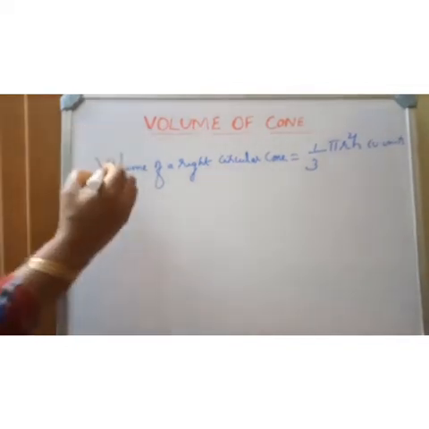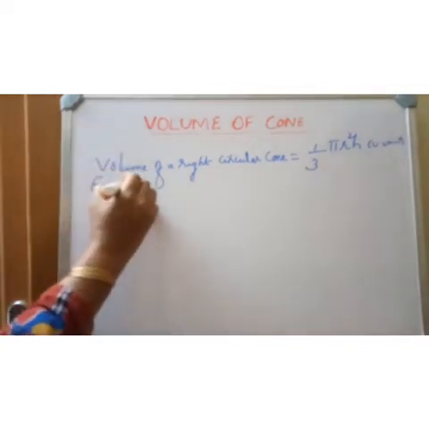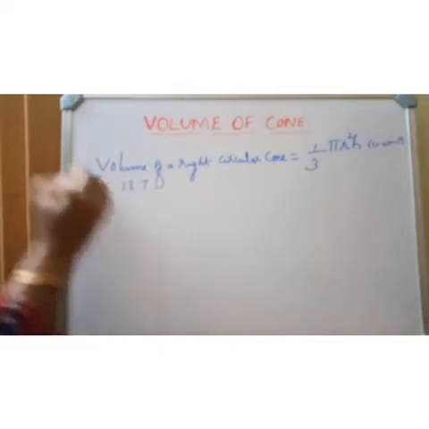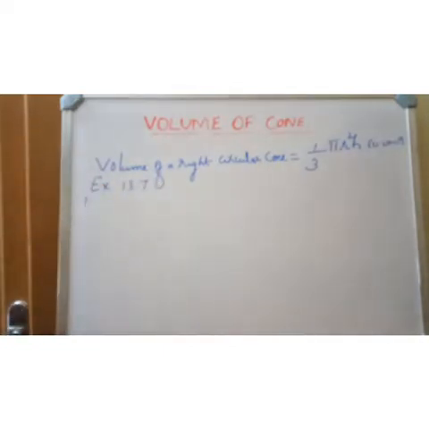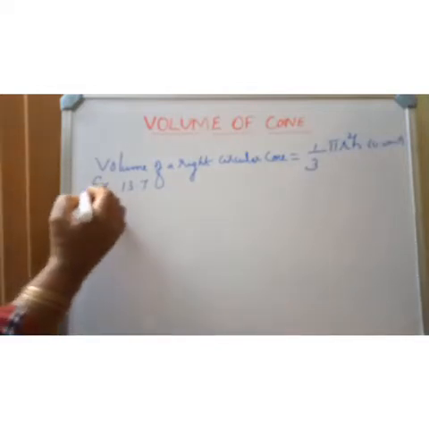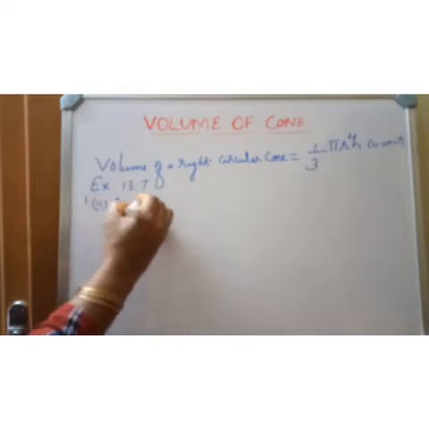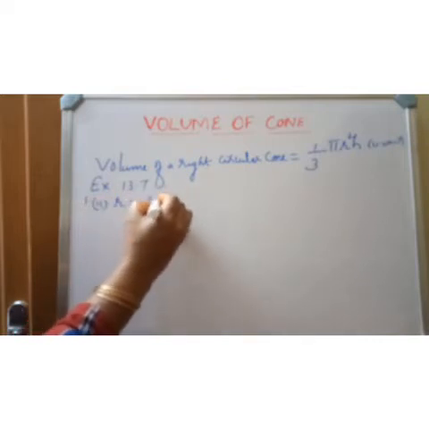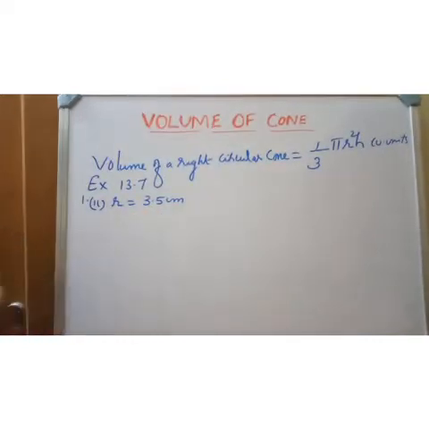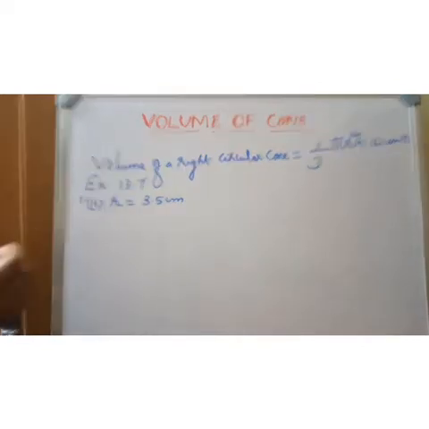Exercise 13.7. First Roman, first one, based on the formula, you have to try by yourself. Second part of the first Roman question I am giving with the decimal number sums. Here, first Roman second one, they are given that r is equal to 3.5 centimeter and h is equal to 12 centimeter.